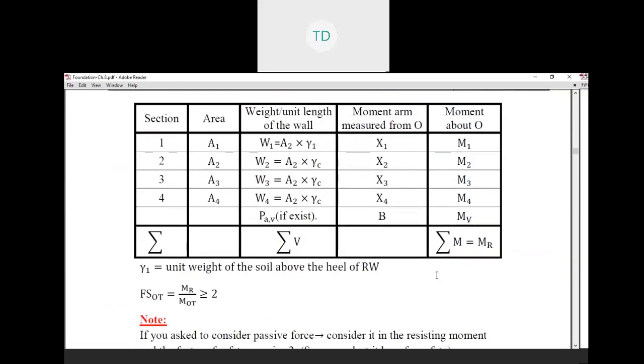Here is the table as we discussed, sections 1, 2, 3, 4 as shown in the figure, with areas A1, A2, A3 and A4 as considered in the figure.